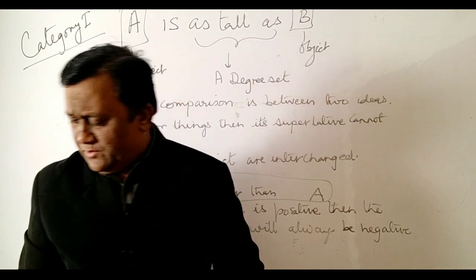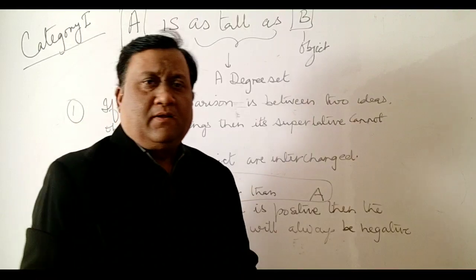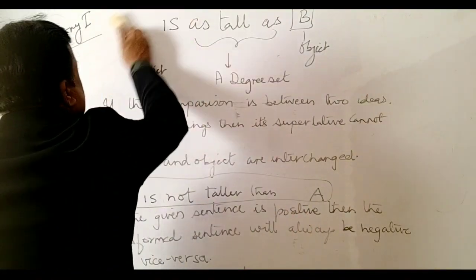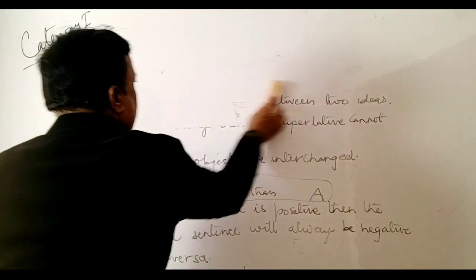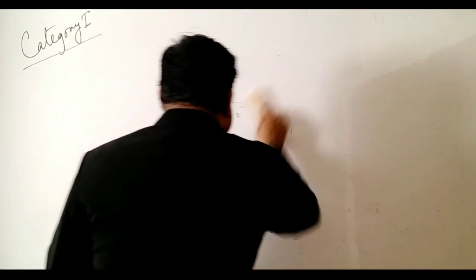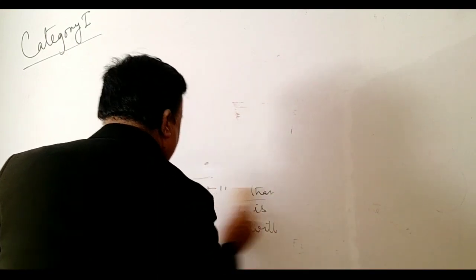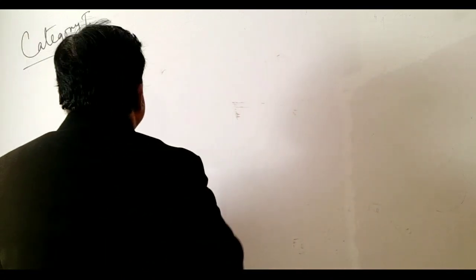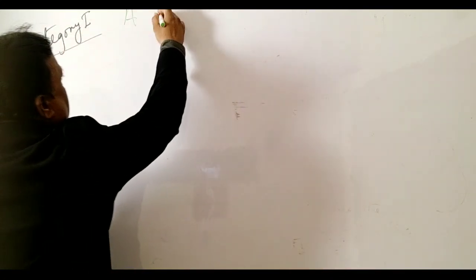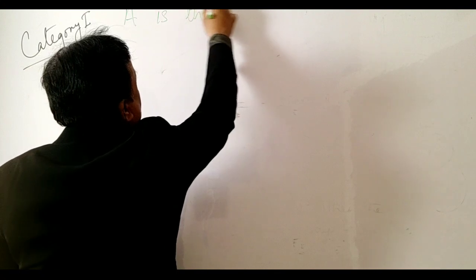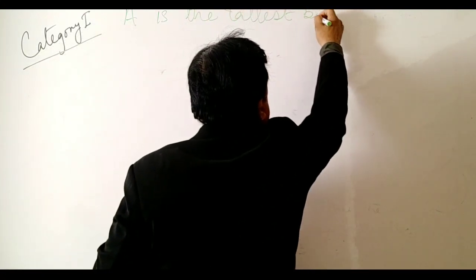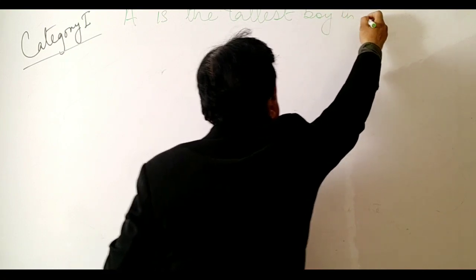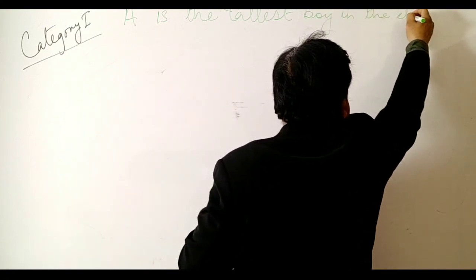Now, I'll take you to the application 2 and 3. Category 2 says A is the tallest boy in the class.